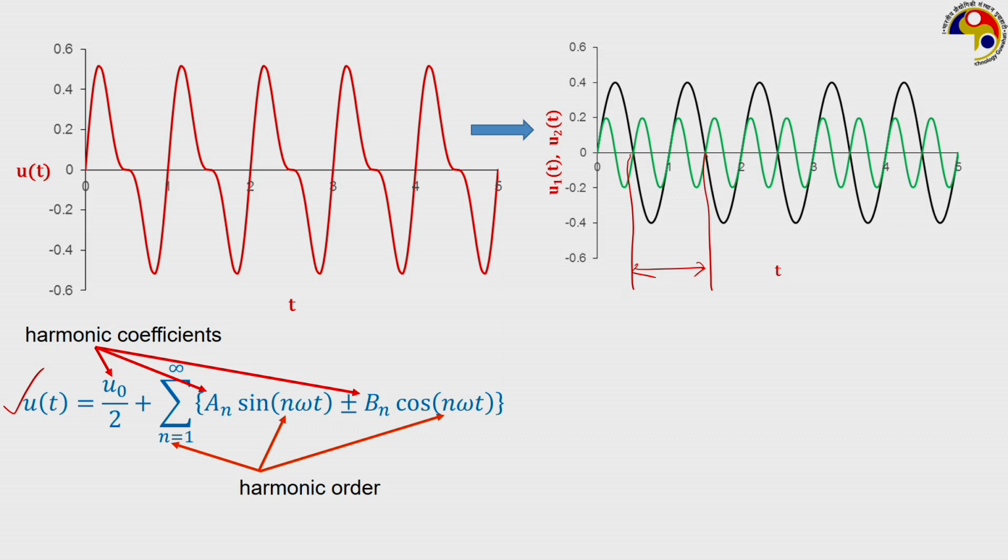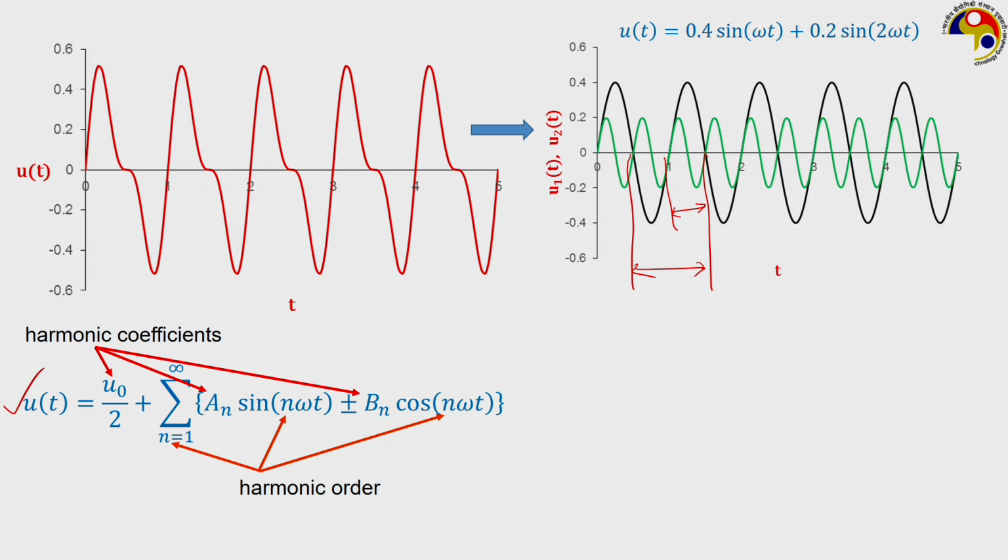This one is able to complete 2 cycles within the same period, and the time period for the green one is this much only. That is, the frequency of the green one is double that of the red one. Actually, it is a signal somewhat like this. We can clearly see that the second one has a frequency double that of the first one.